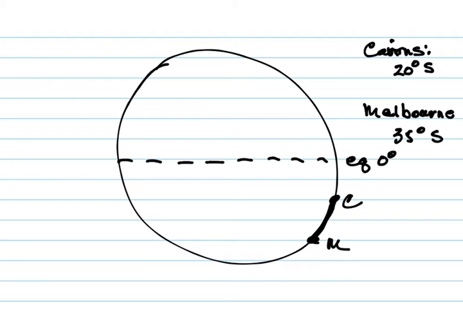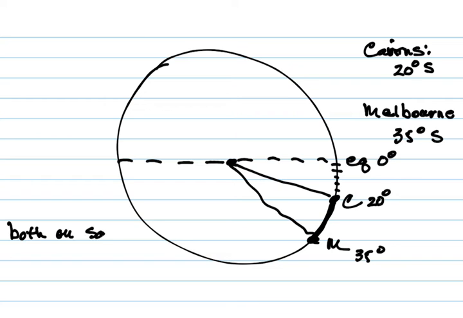I don't want all this distance though, right? I know that this is 35 degrees and this is 20 degrees. So I need to find just the part I'm looking for, so I need to take some of it out. What operation am I going to use to take some of it out? Subtract, right.